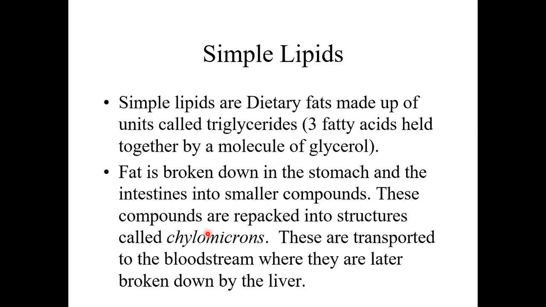And so we repack them into structures called chylomicrons. That's how you say this word, chylomicron. These chylomicrons are then transported to the liver, just like the carbs. The liver unpacks them, does what it needs, and converts and sends the fats that we need out for circulation. And then anything else is repackaged and sent to the adipose tissue.